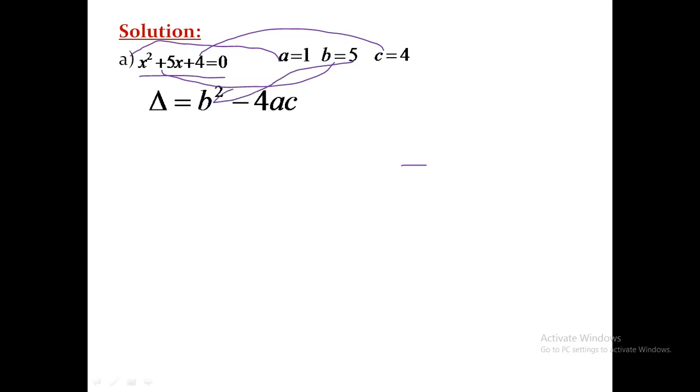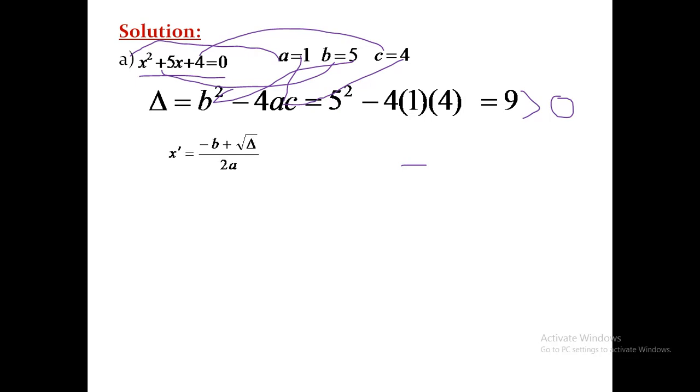Put b in the rule and a in the rule and c in the rule, and you will get delta equal 9. This is a positive number, and we can say delta greater than 0. If delta is greater than 0, I have two distinct roots, x prime and x double prime.